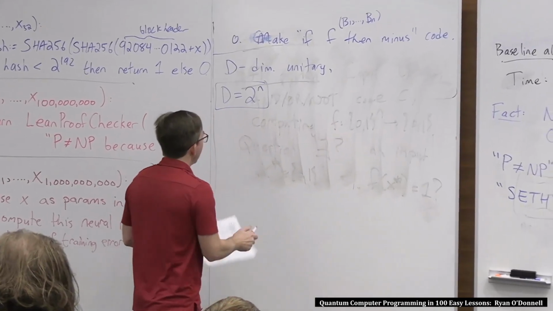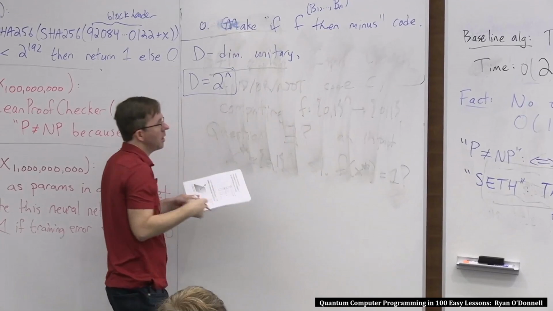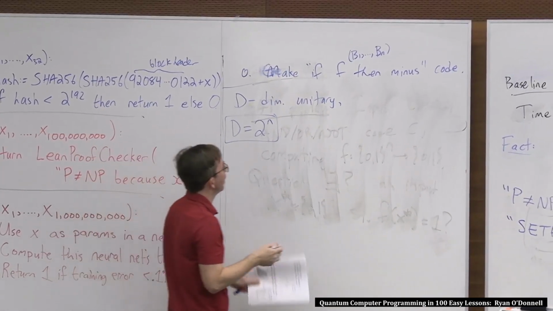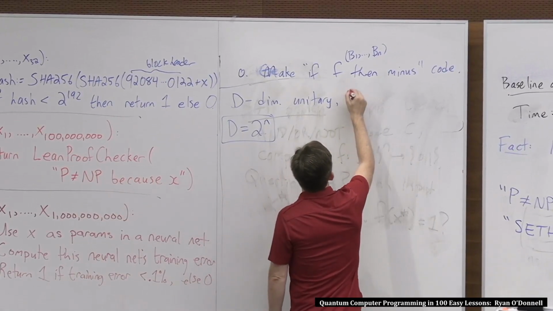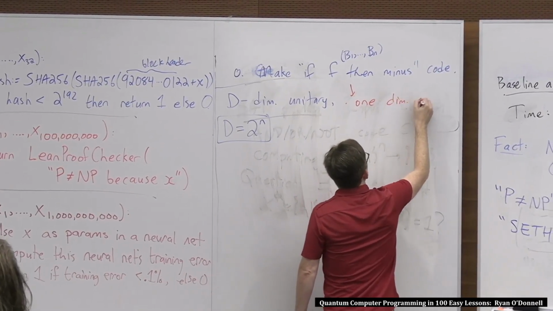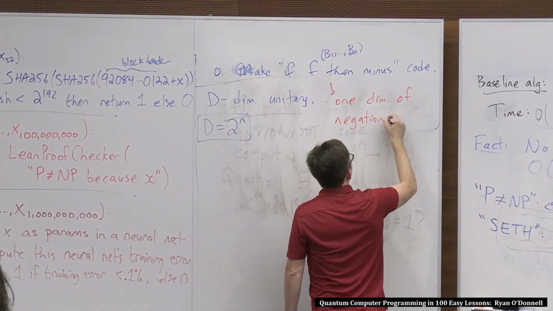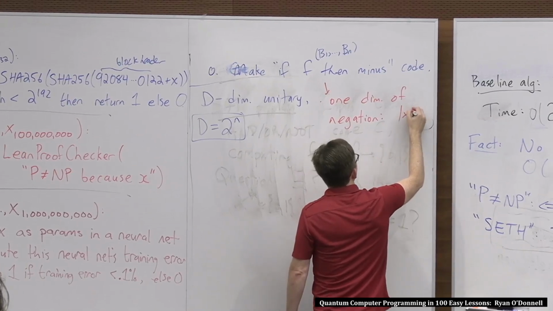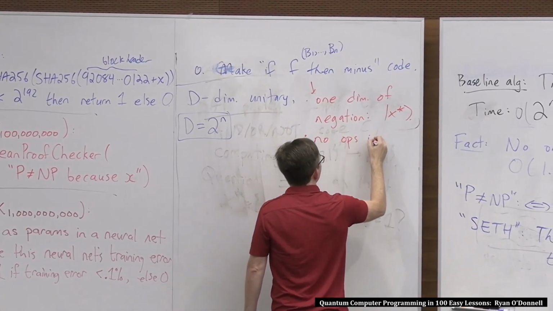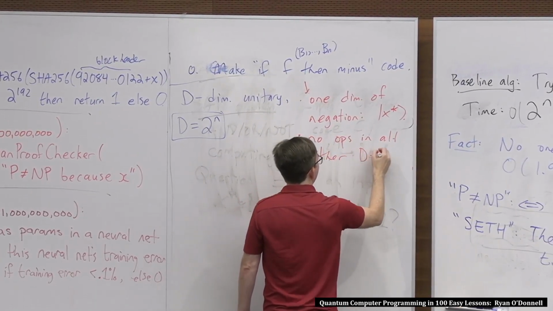Again, we know it breaks down into 2D planes of rotation, which there aren't any, and dimensions of negation. It has one dimension of negation, which is the x star direction. And it's like no-ops in every other direction, all other d minus 1 dimensions.